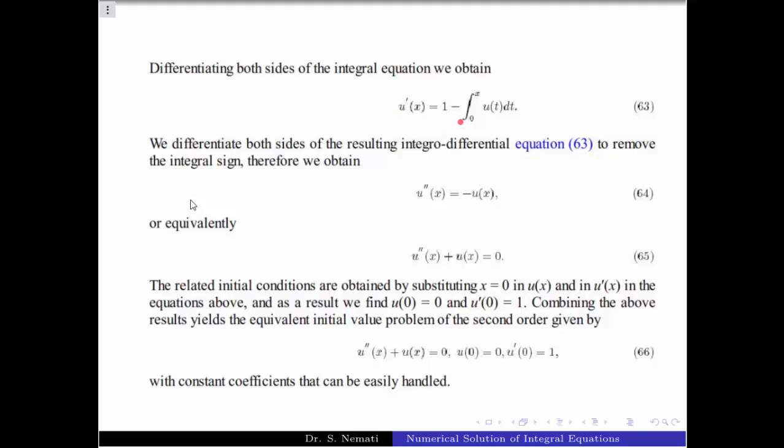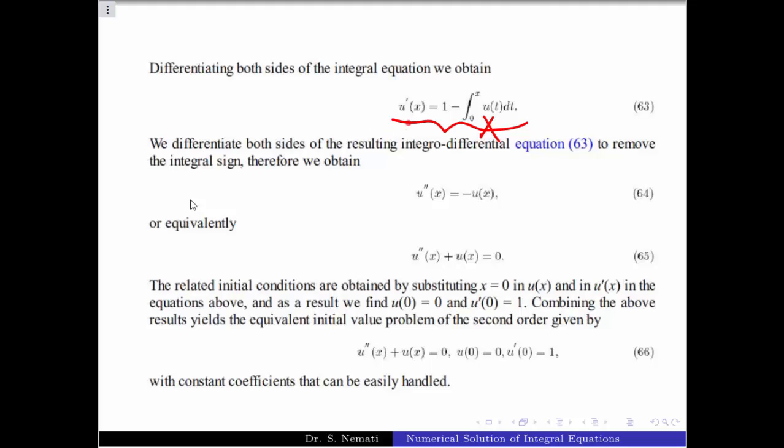For obtaining the initial value problem or differential equation, we shouldn't have this integral part. So it's necessary to differentiate once again from both sides of the resulting equation.